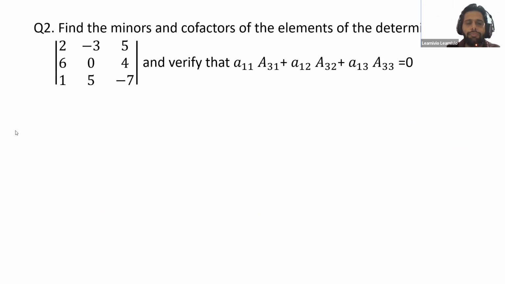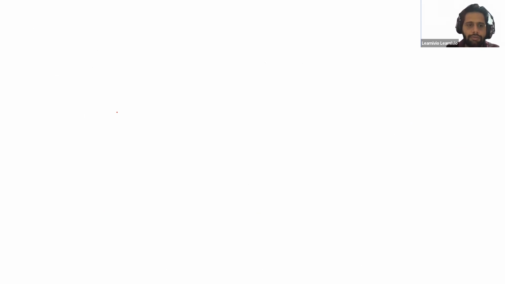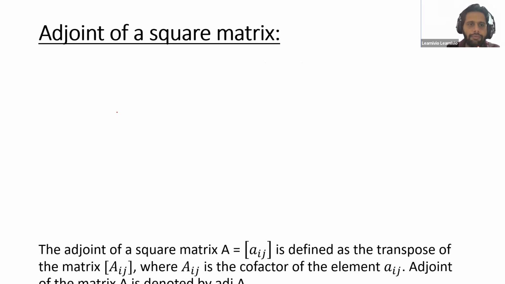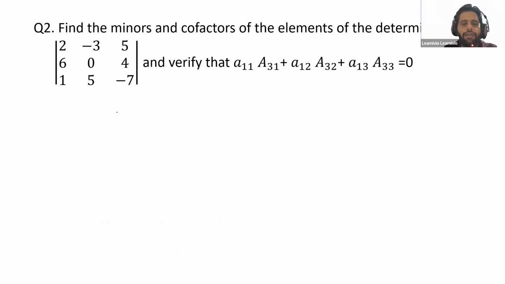Okay. Now, please find the minors and cofactors of the elements of the determinant and verify this. It's a very lengthy question, so just give me a minute. Find the minor and cofactor of the elements of the third row.